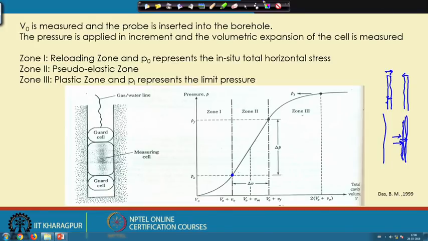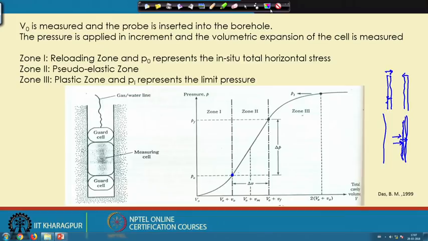Now, this expansion of the probe continues until there is a failure in the soil, or the pressure reaches the limit of the instrument. Generally, failure is considered when the expansion is 2 times the total volume of the cavity in its original condition.